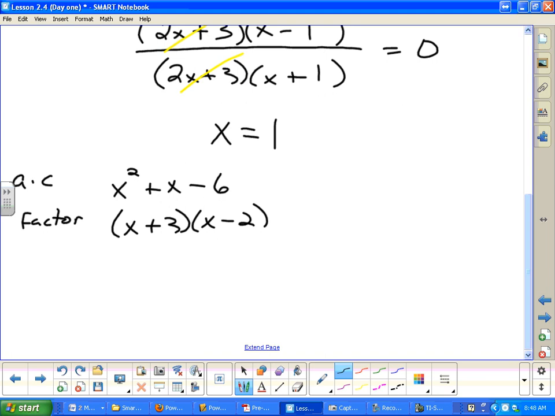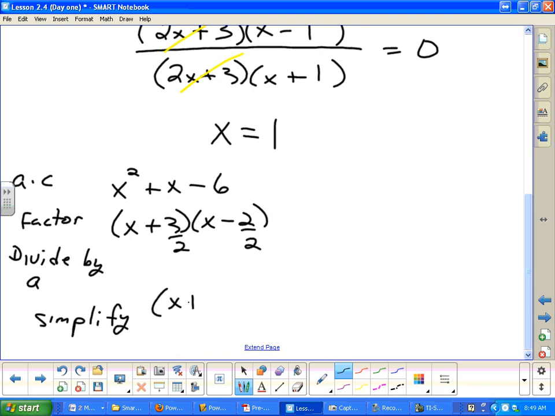Now, I'm going to divide the constants by a. So I'm going to divide this by 2 and this by 2, and then I'm going to simplify. So this is going to be x plus 3/2 times x minus 1.